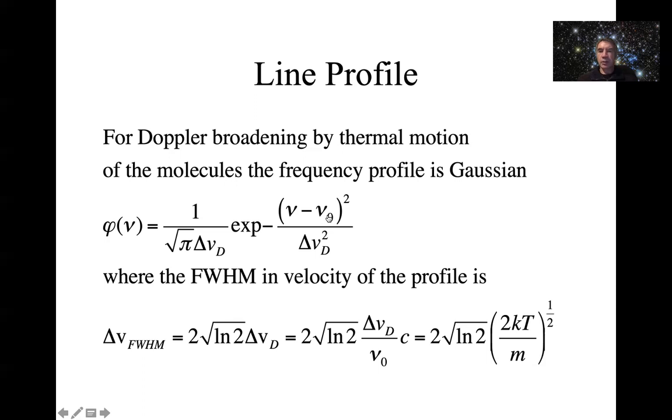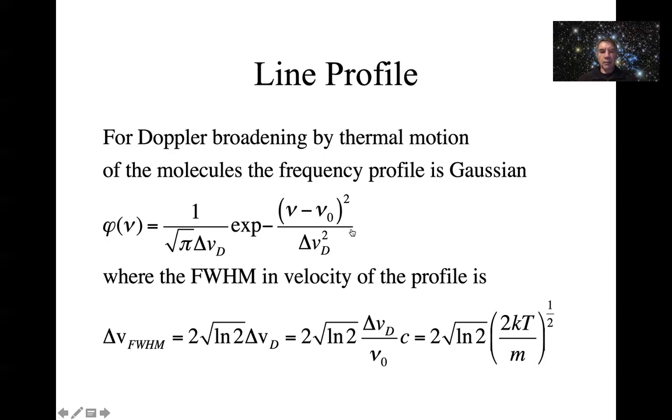compared to what the frequency would be if the particle was at rest. So nu naught here is the center of the line, the exact difference between those two energy levels that you would theoretically observe for a very narrow line. Okay. So hopefully you recognize this kind of mathematical expression as a Gaussian here.